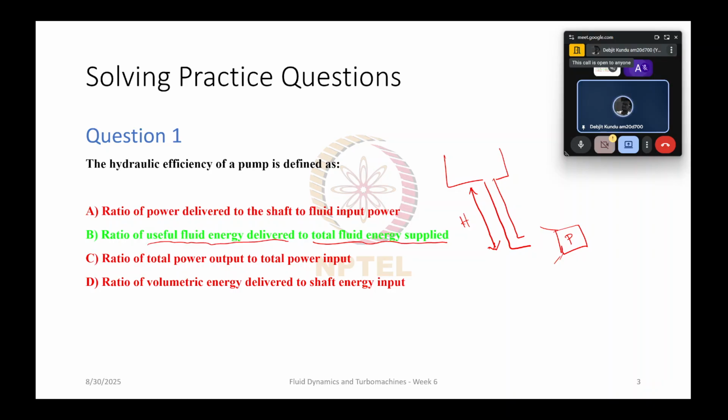So which is why there could be losses, and the ratio between that useful energy which the pump gets to exploit versus the total fluid energy coming into it, that's what the hydraulic efficiency is.